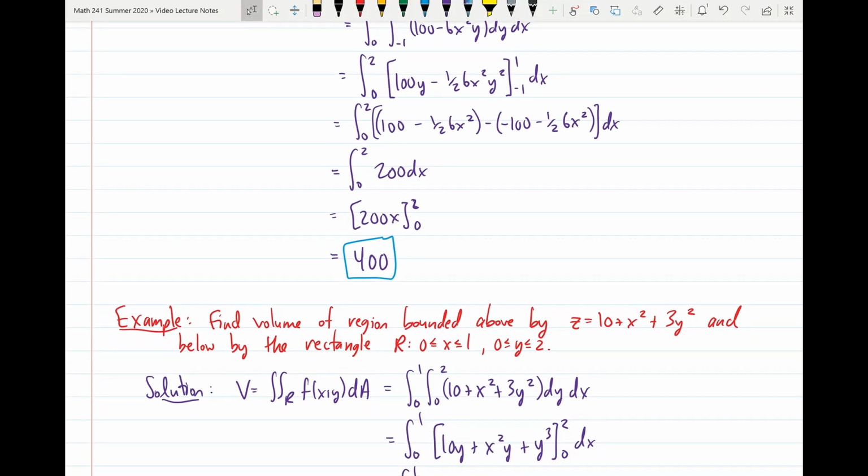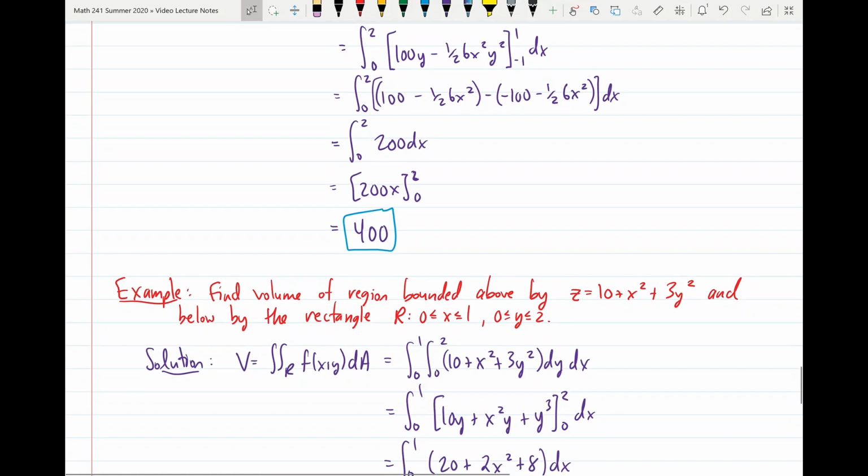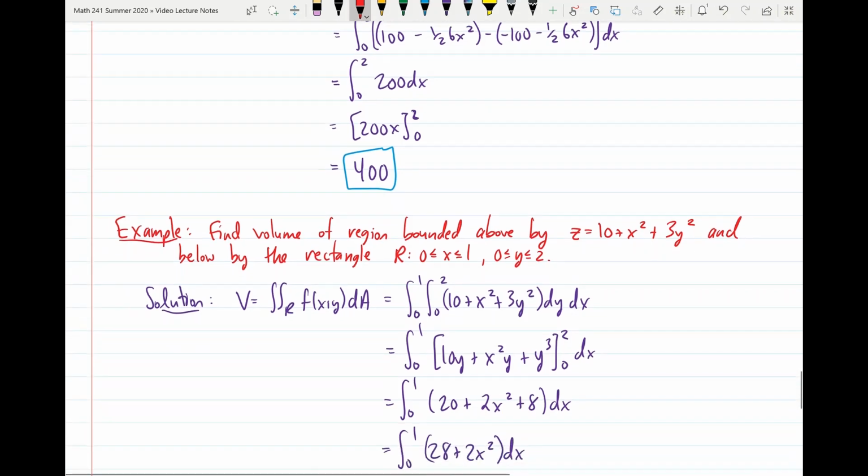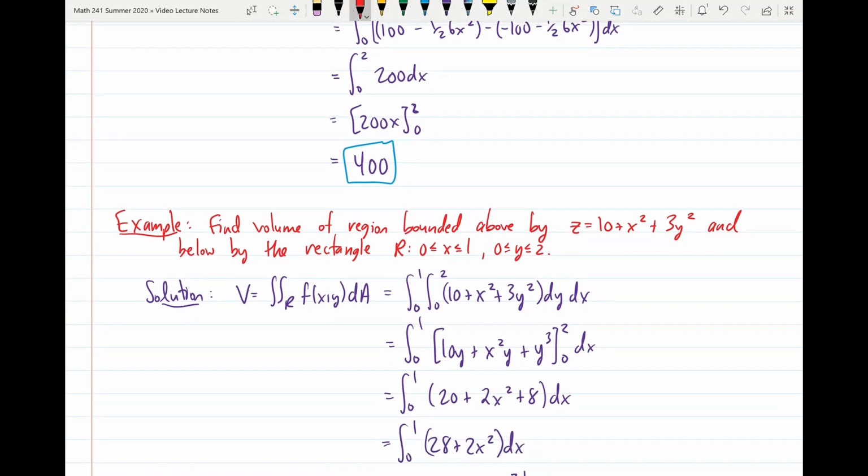And we get this 100 plus another 100, and the minus 1/2 6x squared plus 1/2 6x squared will cancel with one another. And we're just left with the integral from 0 to 2 of 200 dx. And again, this just becomes Calc 1 at this point. So the antiderivative of 200 will be 200 times x, and we're evaluating from 0 to 2, and that'll give us ultimately 400.